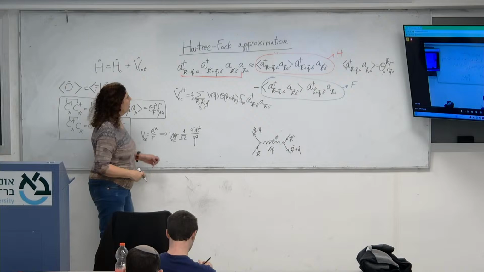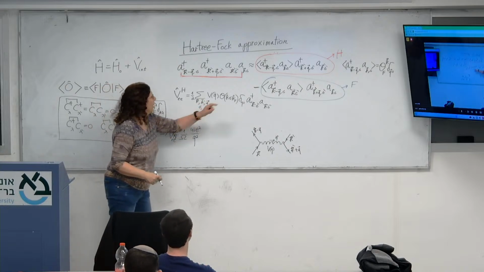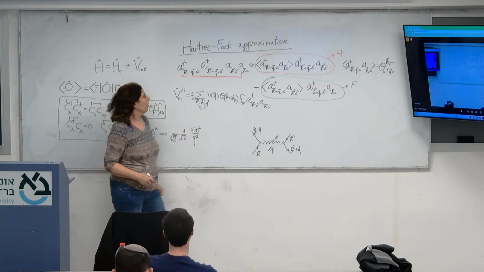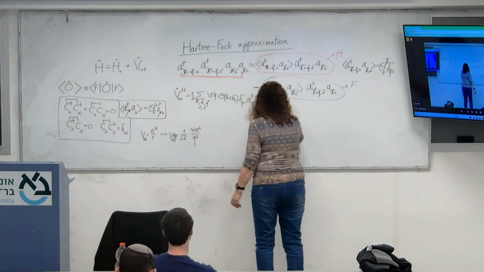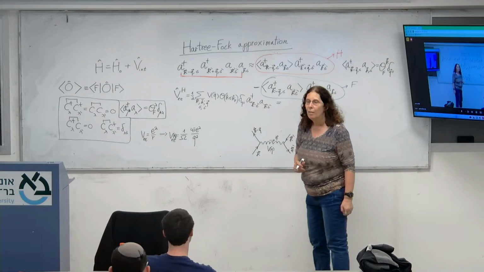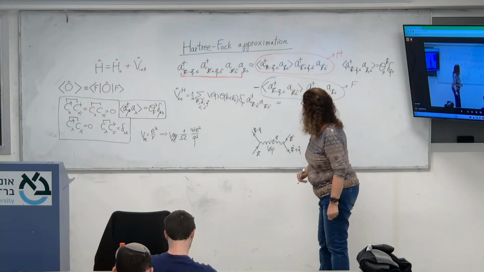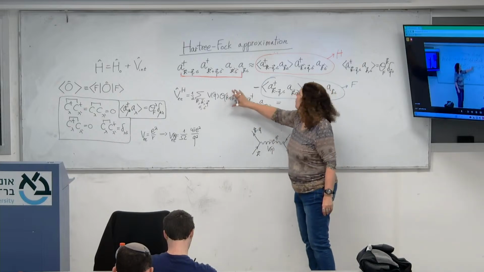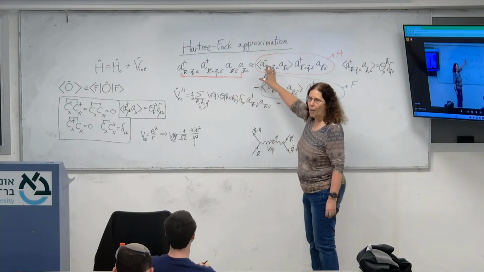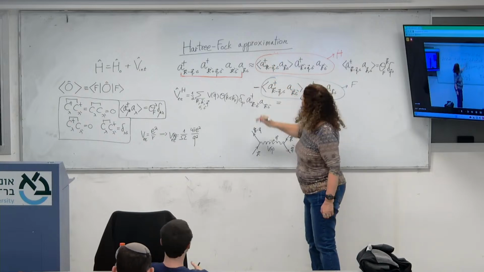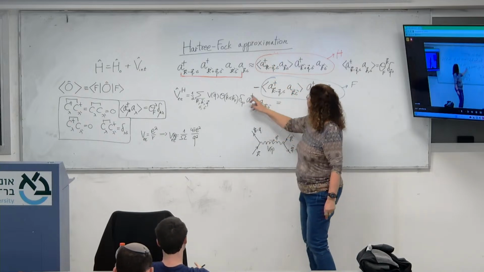Okay, so because of the delta, this means we don't have interactions. The Hartree term is the term that we don't have interactions. That's the whole idea about Hartree-Fock, that you replace a pair of operators by the operators remaining here.